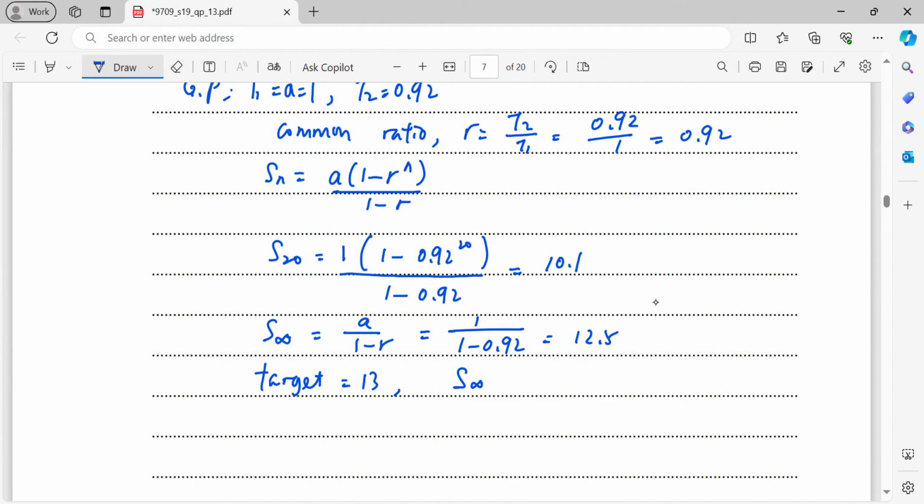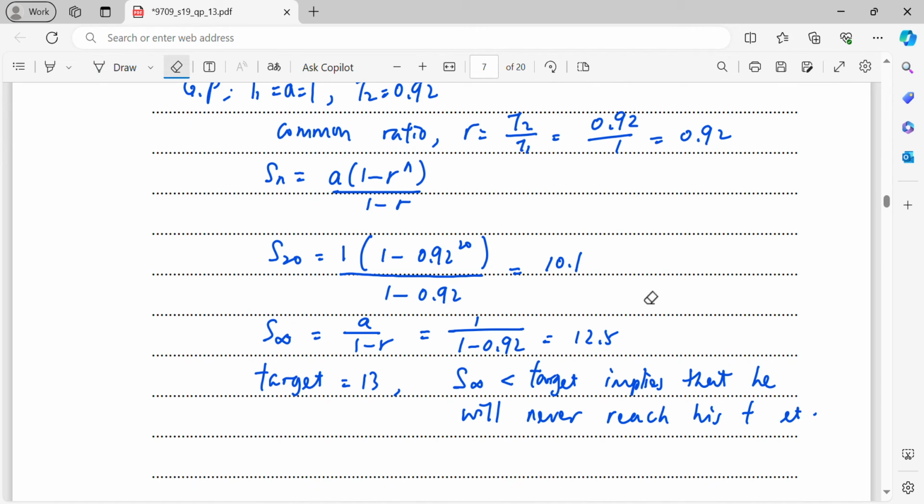So S infinity is less than 13, or I would say is less than the target. This implies that he will never reach his target. Okay, so that's the solution of this question.